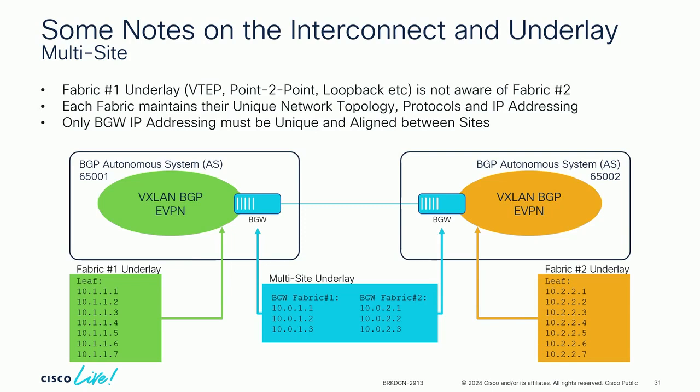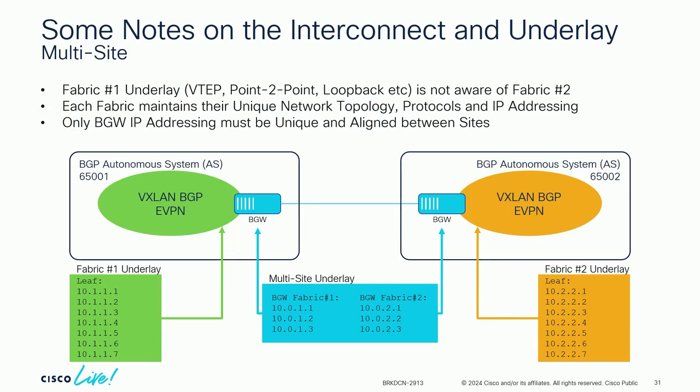So what I do is I separate these two fabrics hard by building literally two different networks. The only thing that needs to communicate to each other are the border gateways, and for that I have IP addresses on the border gateways. Here I have 11, 12, 13 and 21, 22, 23. They are talking to each other.